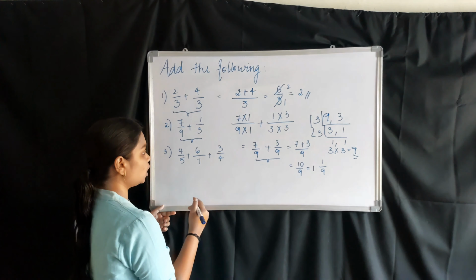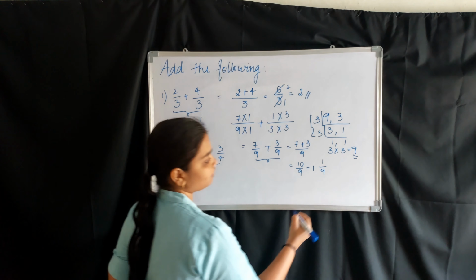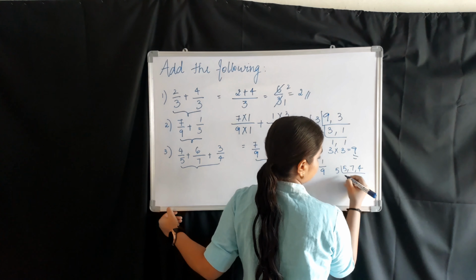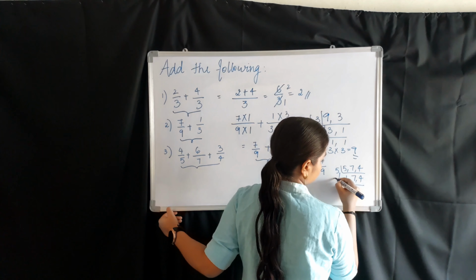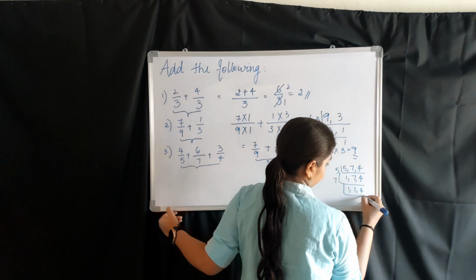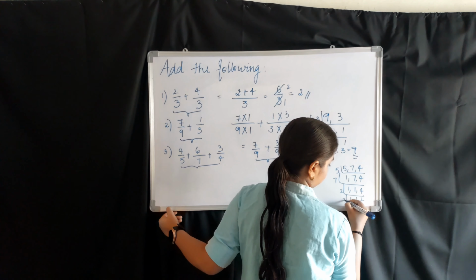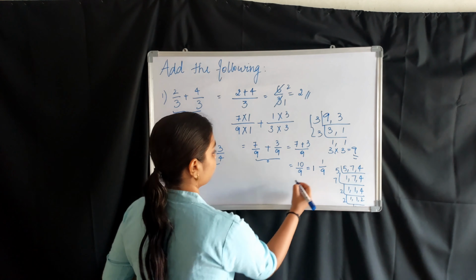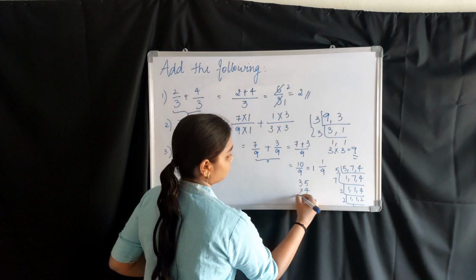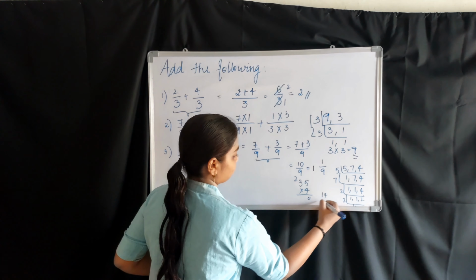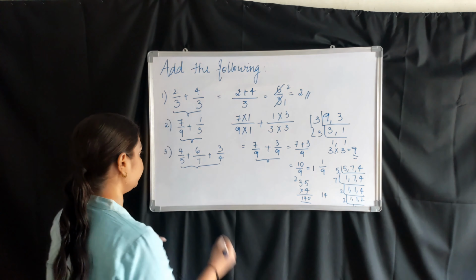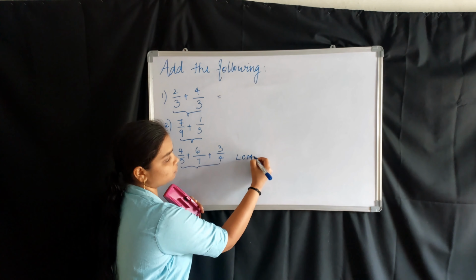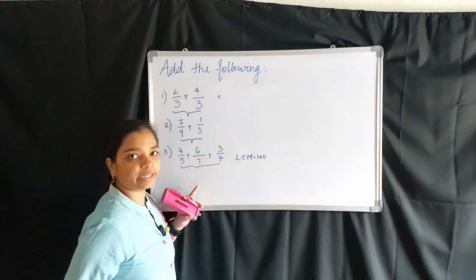Moving on further with the third one, we have three different denominators: 5, 7 and 4. So the LCM would be 5 into 7 into 4, 35 fours, which is 140. As the LCM for this is 140, I'll have to make all the denominators 140.